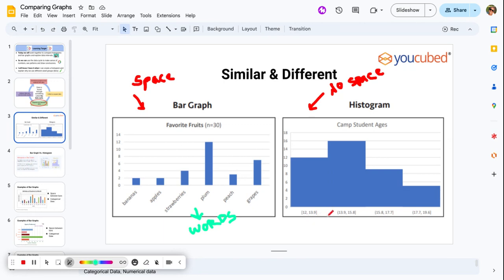And on a histogram, hopefully you recognize that these are intervals, or numbers. And we've had a lot of work with this over the past couple of weeks.